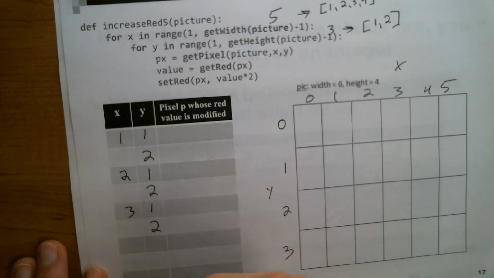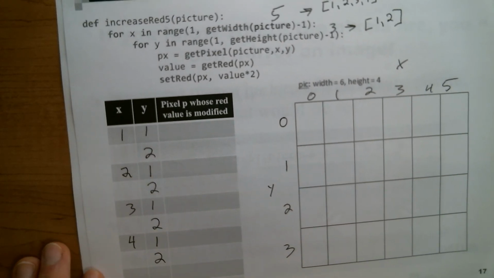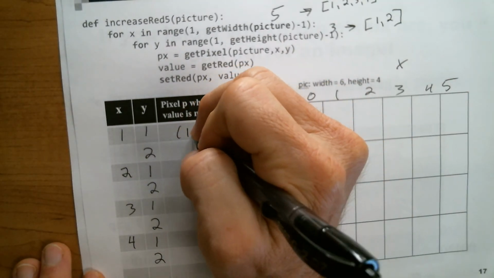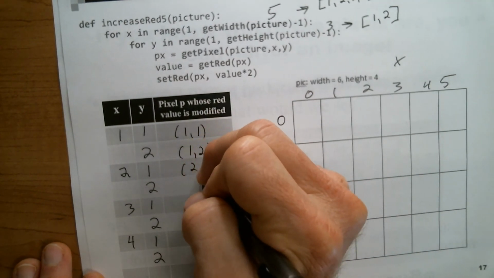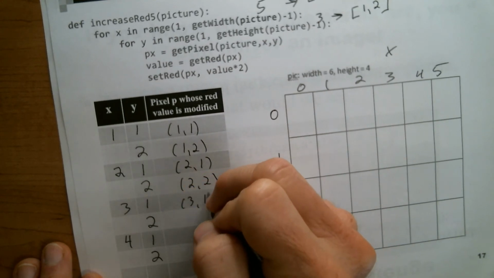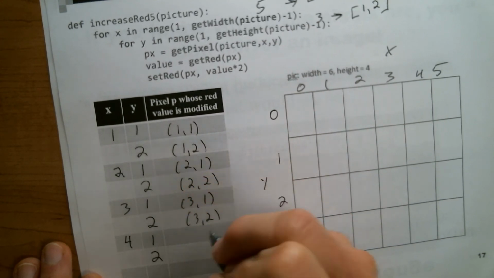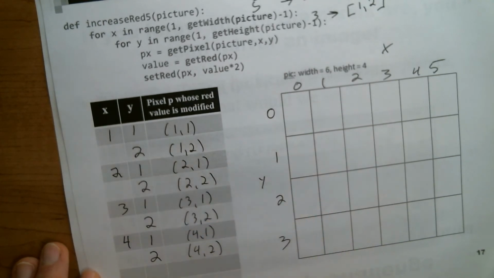The Y gets reset and goes from 1 to 2. The X goes up. The Y gets reset and goes from 1 to 2. And then again, we can just list these as coordinates. This is 1, 1, 1, 2, 2, 1, 2, 2, 3, 1, 3, 2, 4, 1, 4, 2.